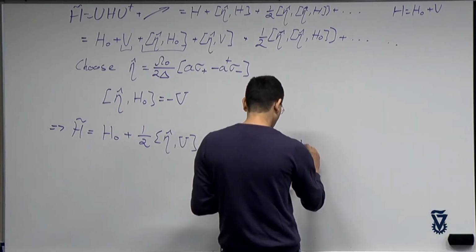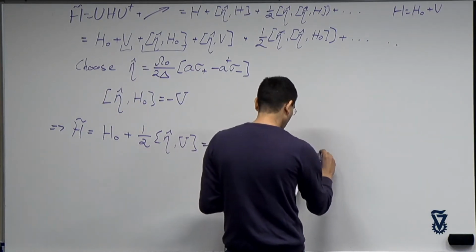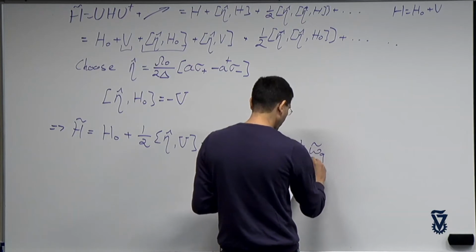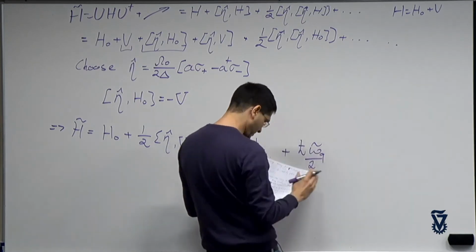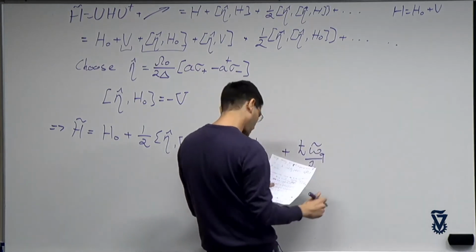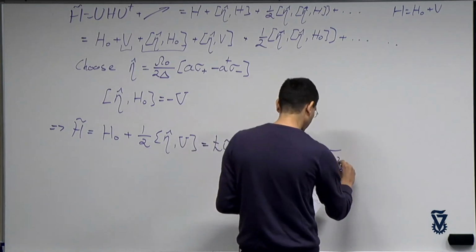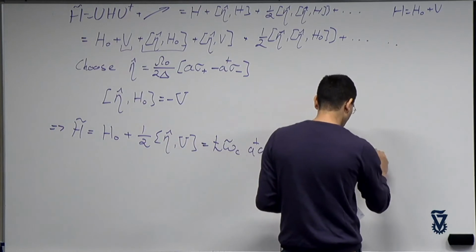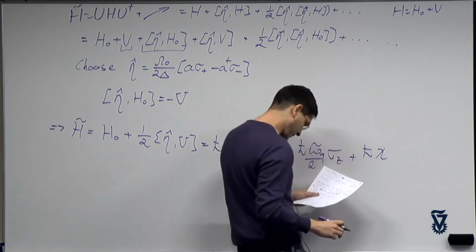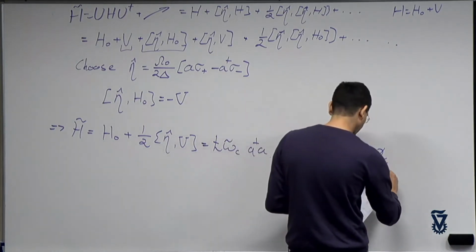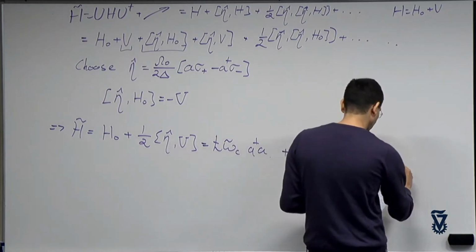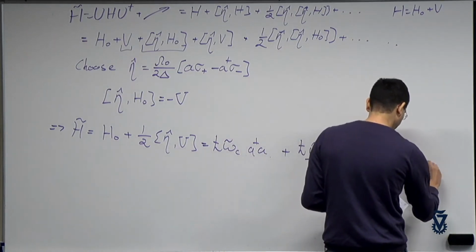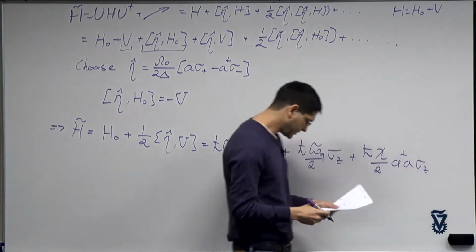Plus H bar omega Q tilde. It's a renormalized energy, so it's a value which is slightly different than the original value that we had. Plus H bar chi, and I'll define chi in just a second, over 2, A dagger A sigma Z.